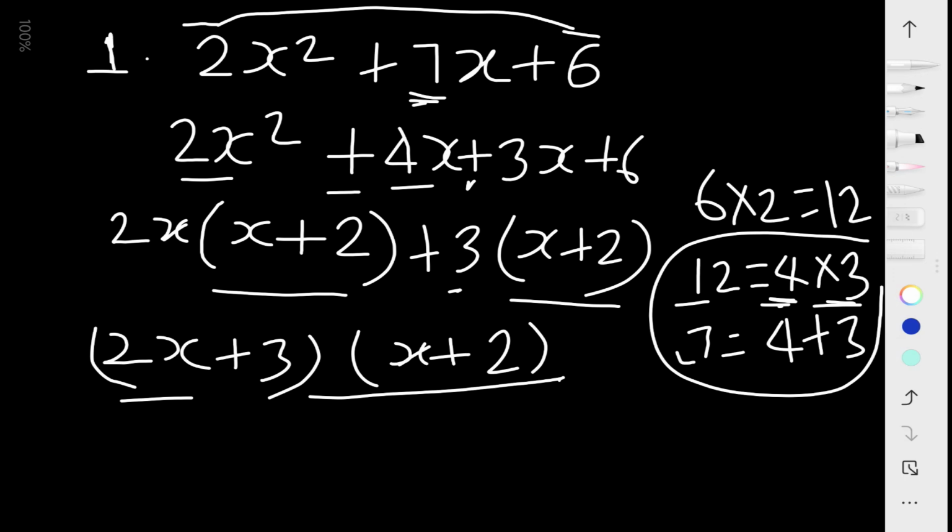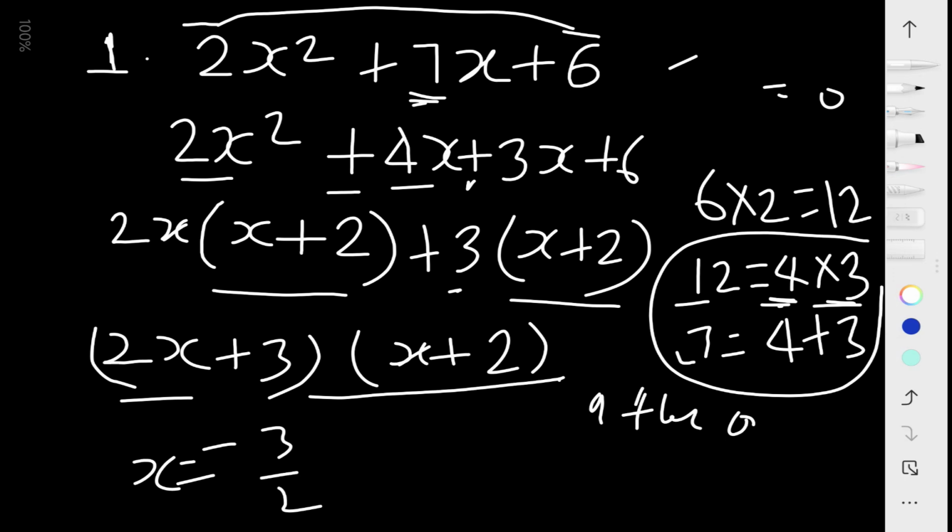Now if 2x square plus 7x plus 6 equals 0, then after the 0 you can write x equals minus 3 by 2, comma, minus 2.